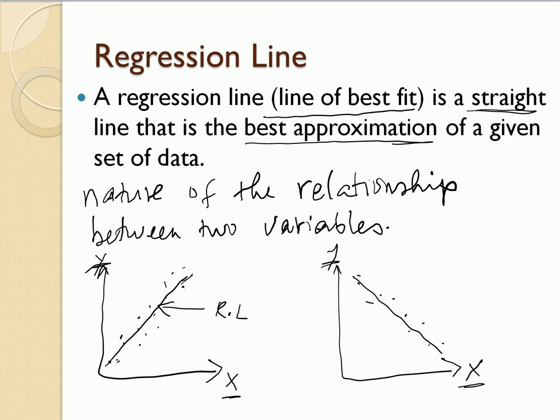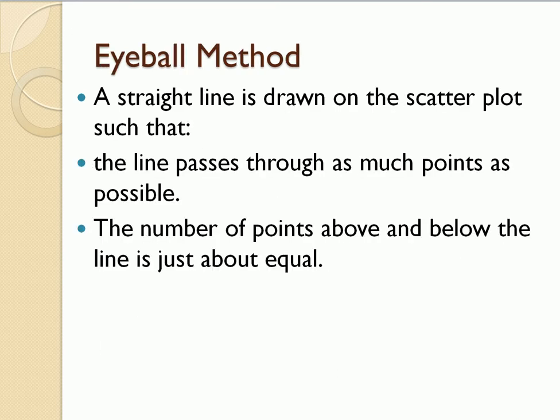There are several methods that we can use to draw a line of best fit or a regression line onto our scatter plot. And one of these methods is called the eyeball method.